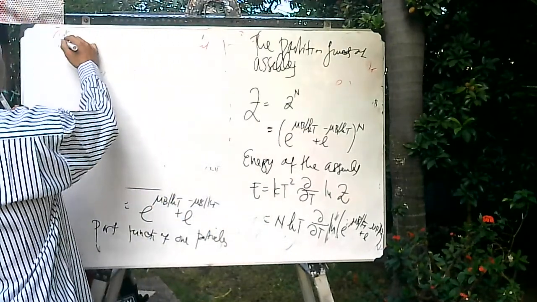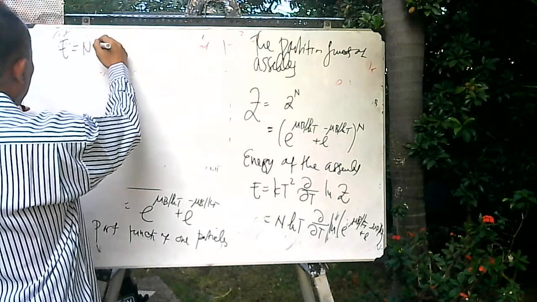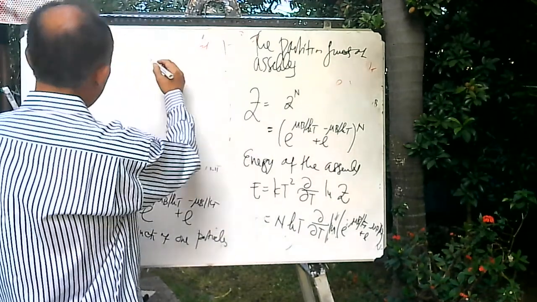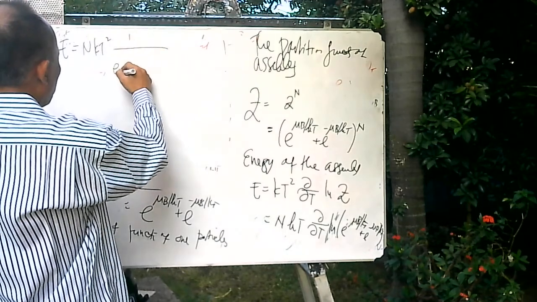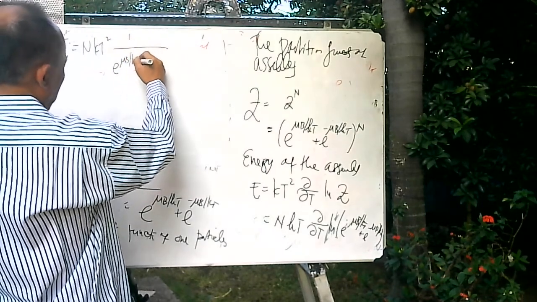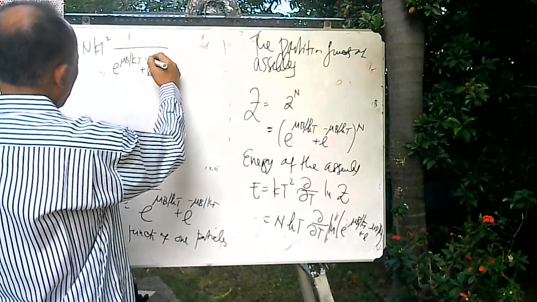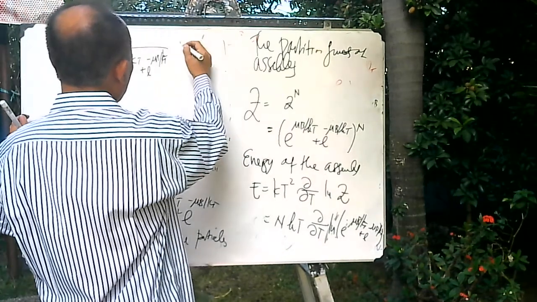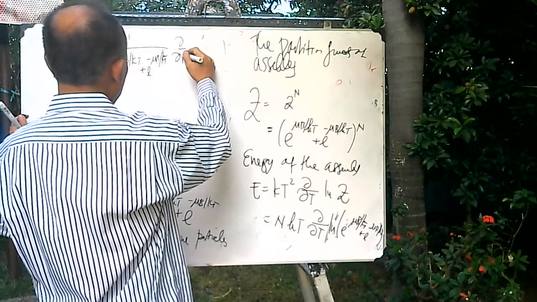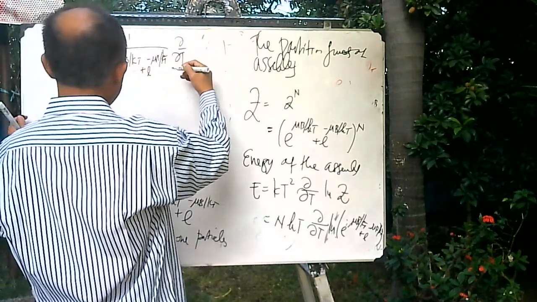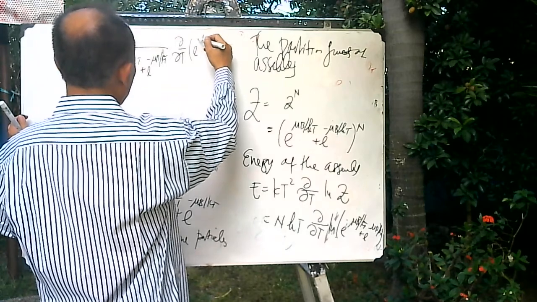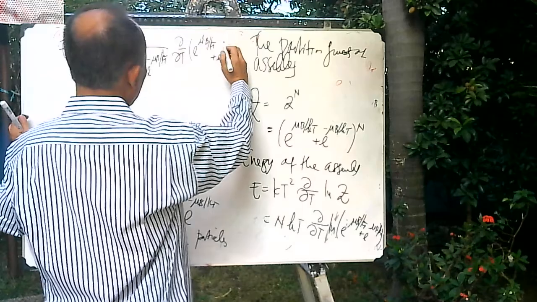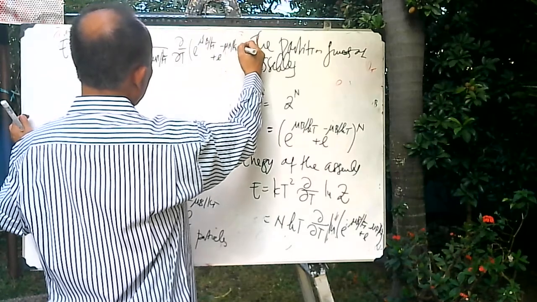It becomes the assembly energy n kT squared, times 1 over exponent mu b divided by kT plus exponent negative mu b divided by kT, and then the partial derivative against T of exponent mu b divided by kT plus exponent minus mu b divided by kT.